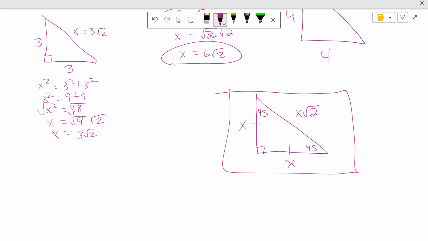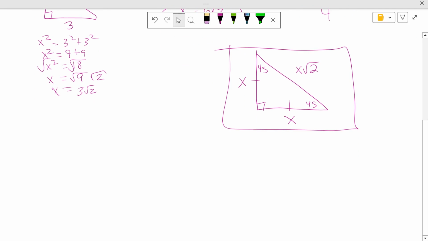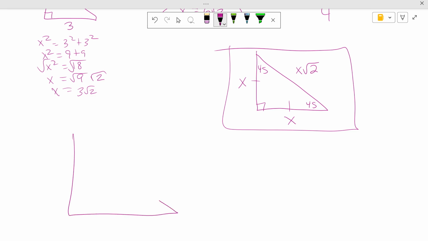Okay. But, there's always a but in here, because that would be just too easy if that's all we had to do. What if in a 45, 45, 90 triangle, we only know the hypotenuse. We don't know the sides.